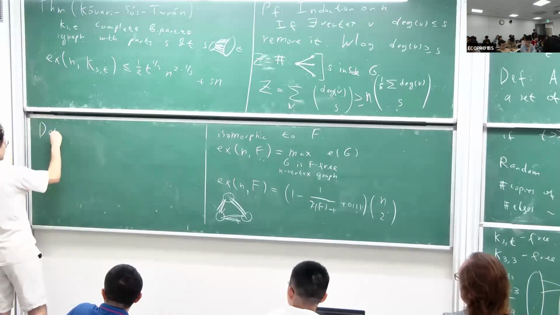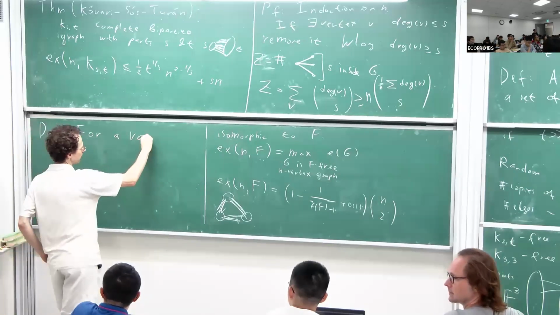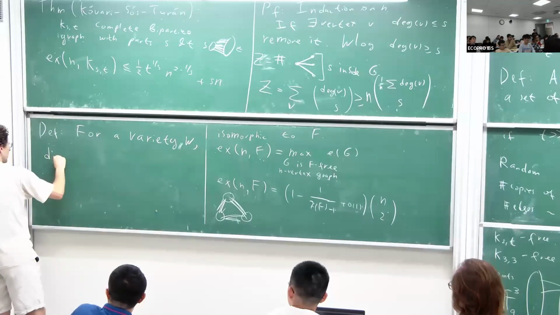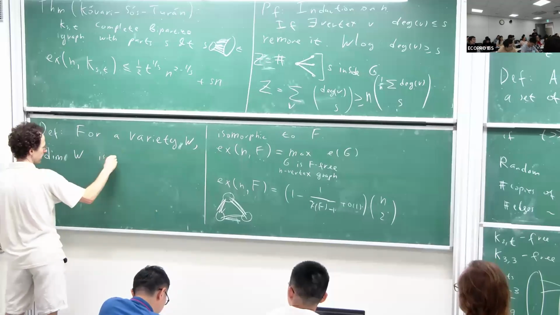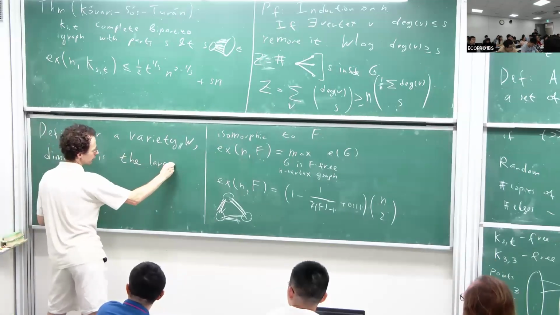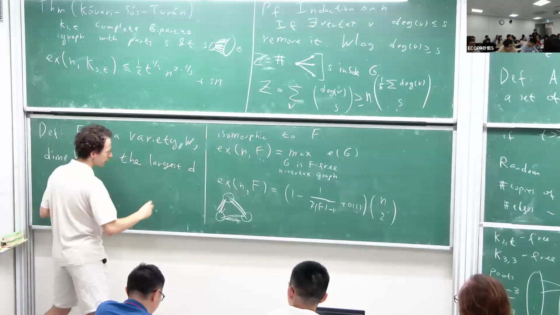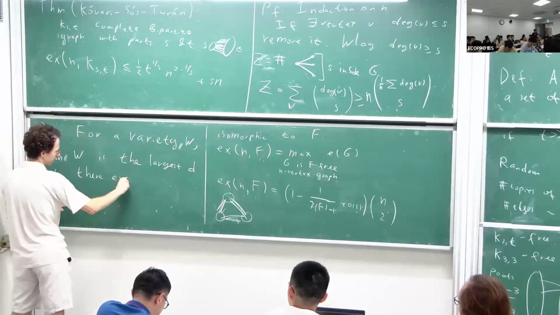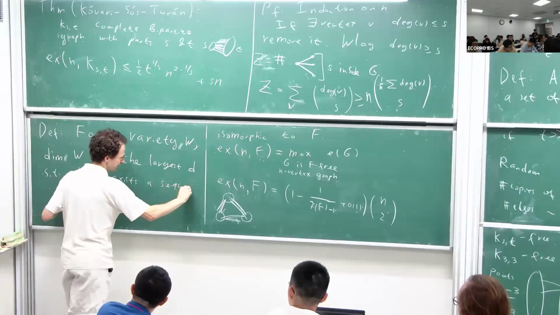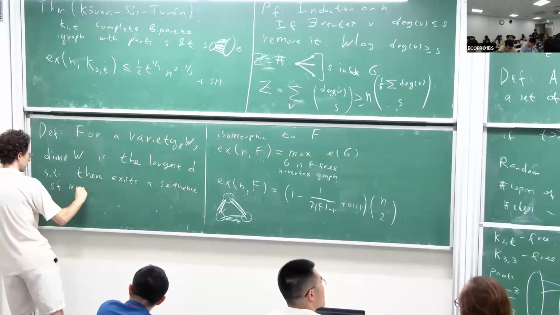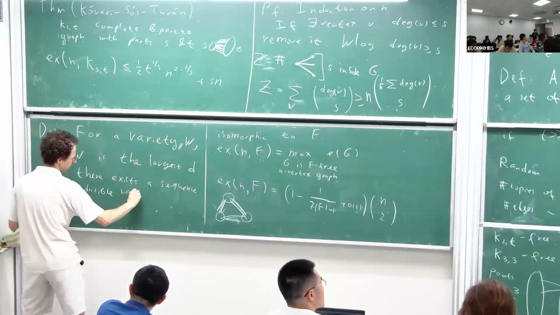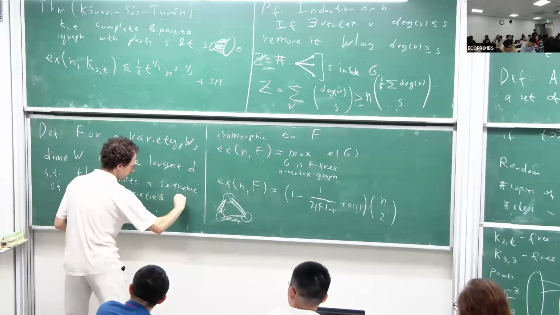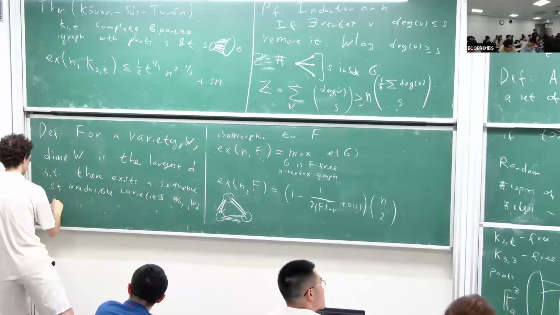Definition. For a variety W, the dimension of W is the largest number D such that there exists a sequence of irreducible varieties that are properly contained in one another, like that.